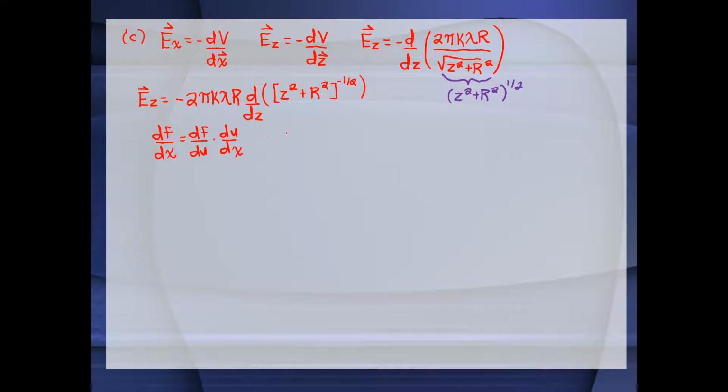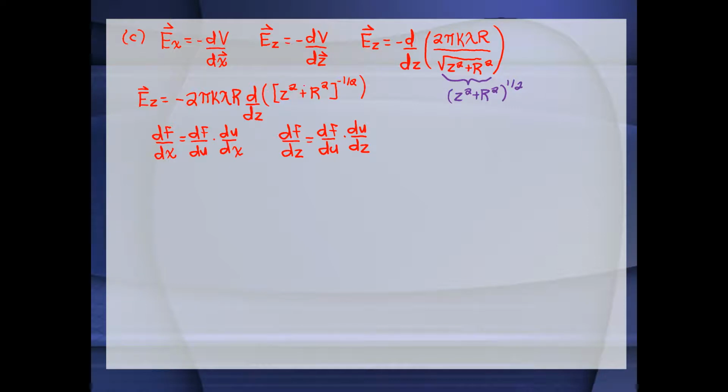So I'd write down the derivative of f with respect to z is equal to df du, and then multiply by du dz. Now, what I'm going to do is everything inside the brackets here, I'm going to set that equal to u.